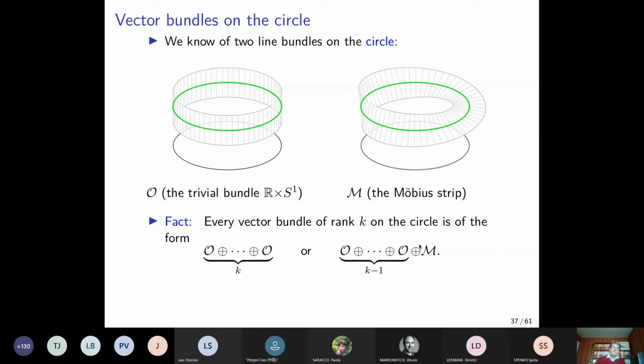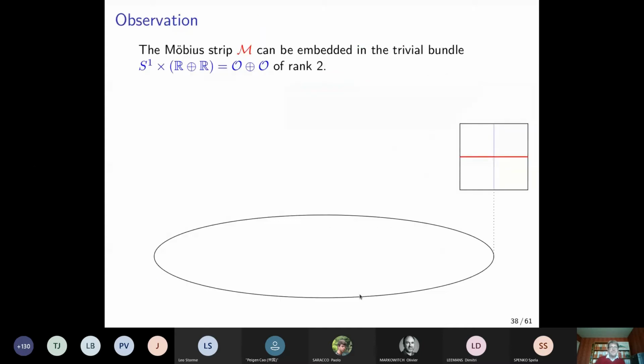They're either trivial or they are trivial plus the Möbius strip. So this tells us almost everything we need to know about vector bundles on the circle, except that there is maybe a little bit surprising relation. If we add the Möbius strip to itself, we get a trivial vector bundle. And I will explain this also.